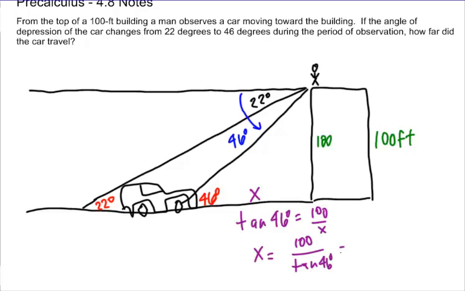And either have your calculator in degree mode or add the degree symbol. When you get done finding that value, let me get my calculator here. So 100 divided by tangent 46 degrees is 96.569 feet. That's the x part.